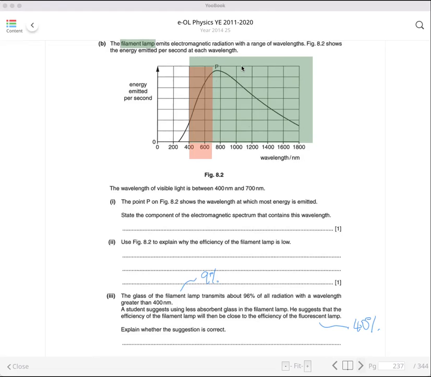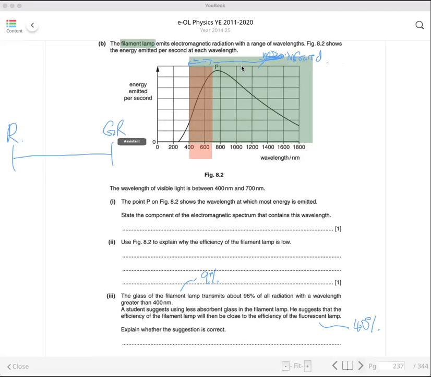So this part is light. The red color part is light. Then the part over here will be, sorry, not microwave, it's infrared. Do you all remember the electromagnetic spectrum, radio wave all the way to gamma ray?